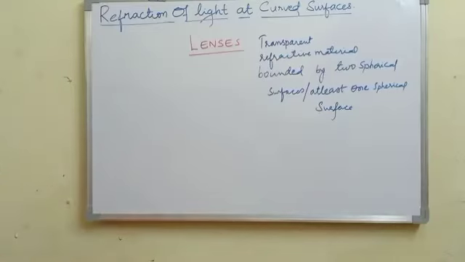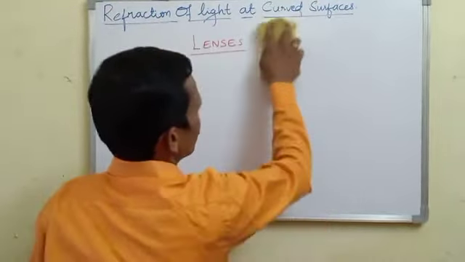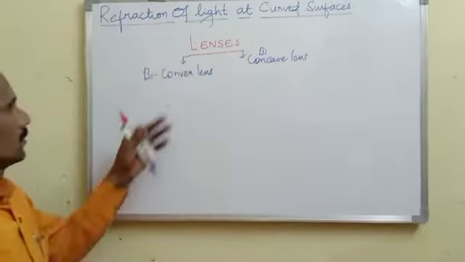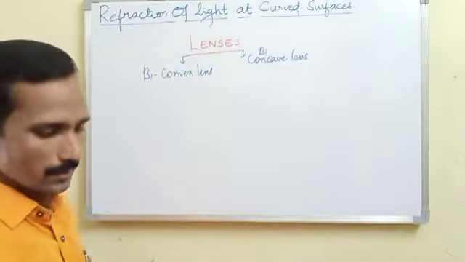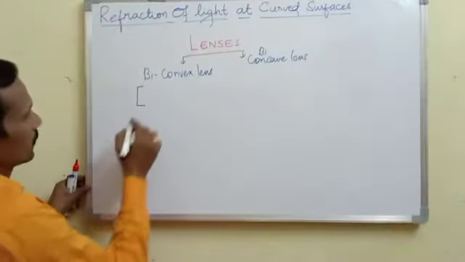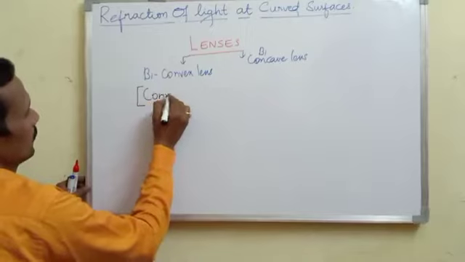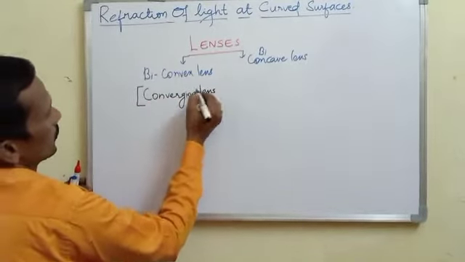So lenses are mainly classified into two types: the biconvex lens and the biconcave lens. This convex lens is also called a converging lens.